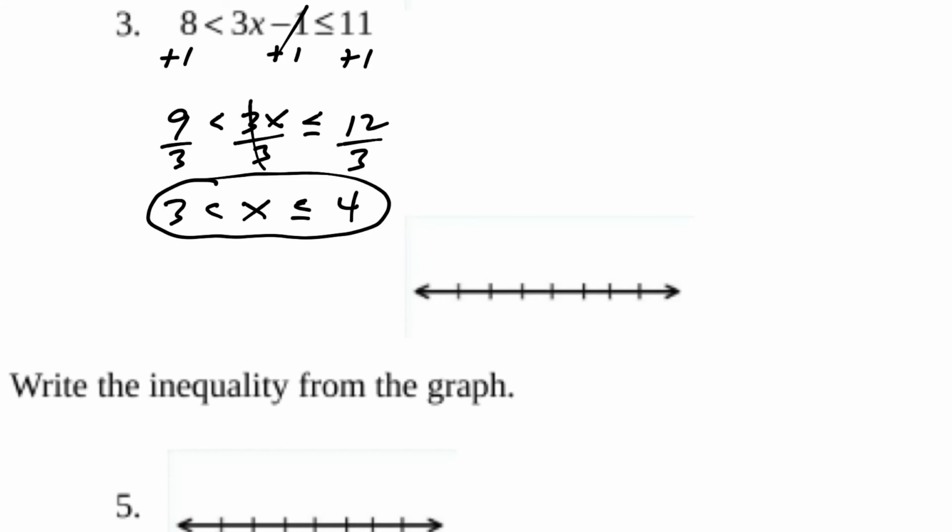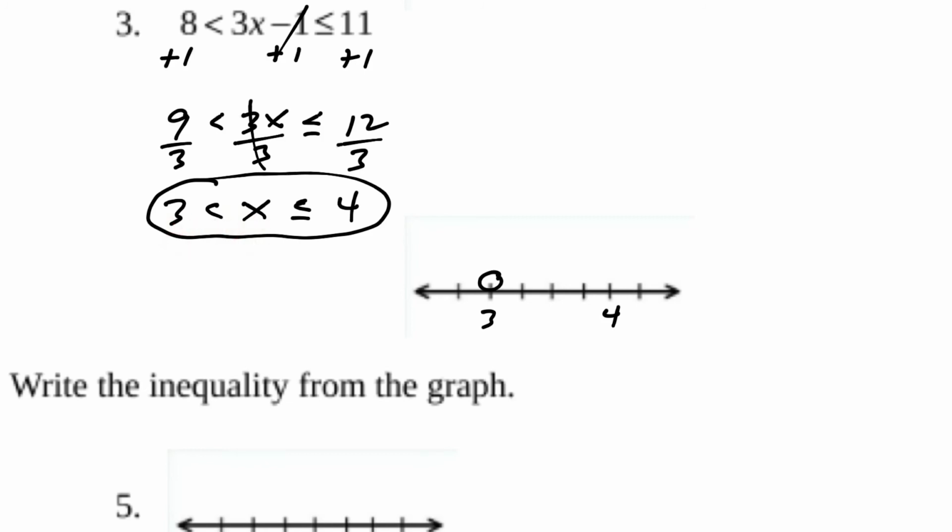So if we want to graph this, what we could do now is we could just put 3 on our number line, and then we will put 4 on our number line. Again, the numbers have to be in order on the number line, left to right. And then we don't have the equal to bar on this inequality, so we would have the open circle at 3.